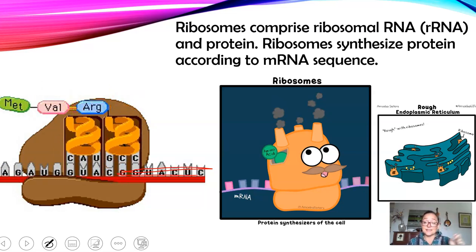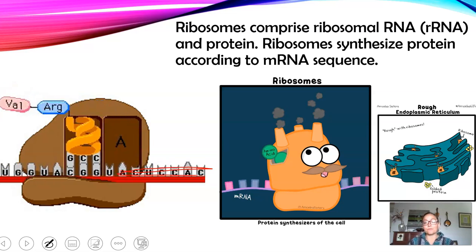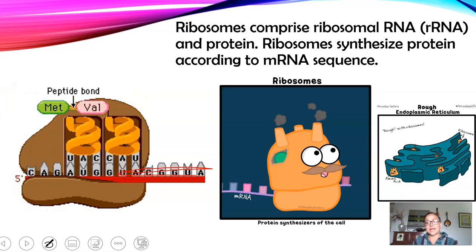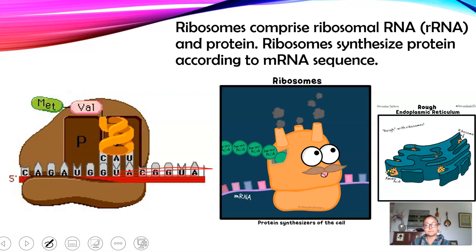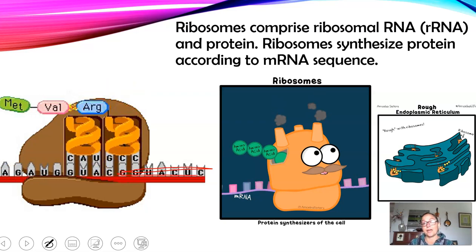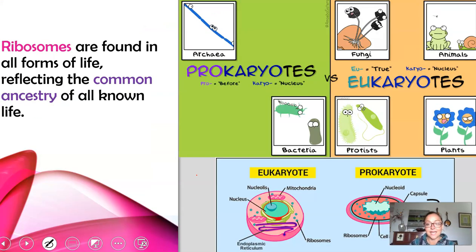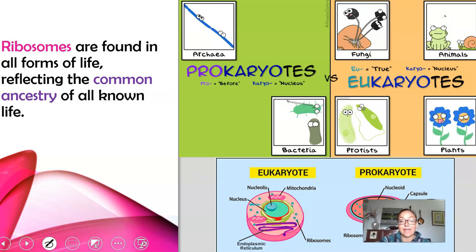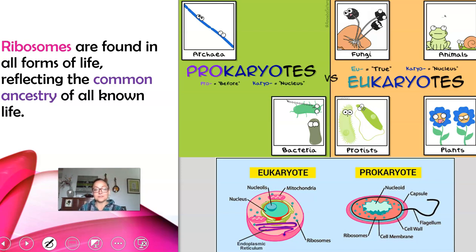We have two kinds of ribosomes. You have your bound ribosomes that are attached to the rough ER, and you have ribosomes that are freely floating in the cytoplasm. Ribosomes are found in all cells. It is something that reflects common ancestry, so we find ribosomes in prokaryotes as well as eukaryotes.